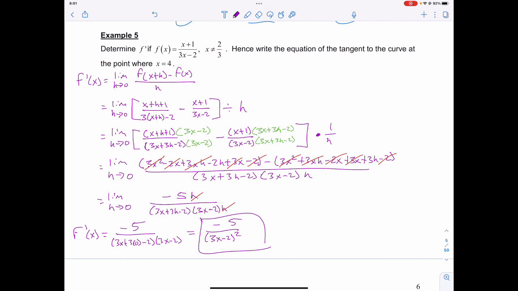Now, what are we doing with this? We are taking the point where x is equal to 4, and we are creating the equation.